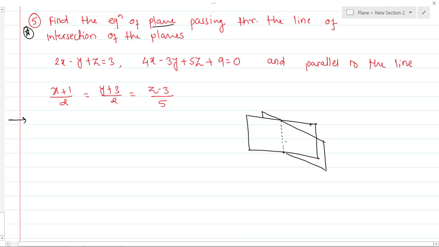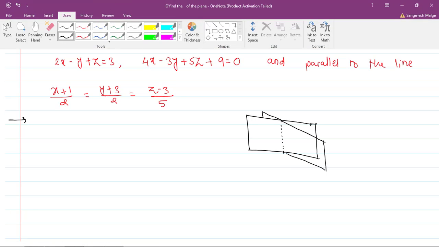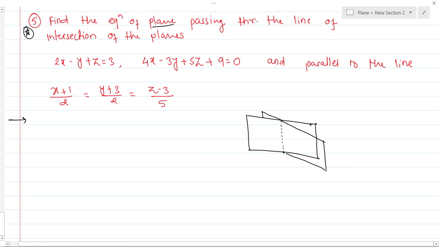Now I want to find out another equation of a plane which is passing through the intersection of these two planes. Like this. Perfect. So I want to find out the equation of this red plane.